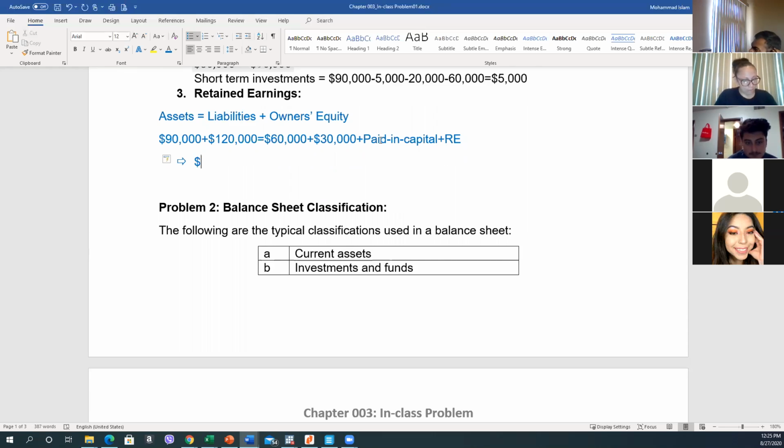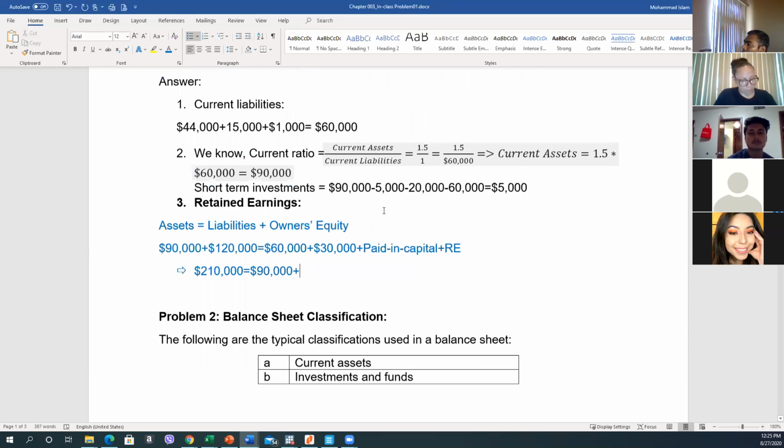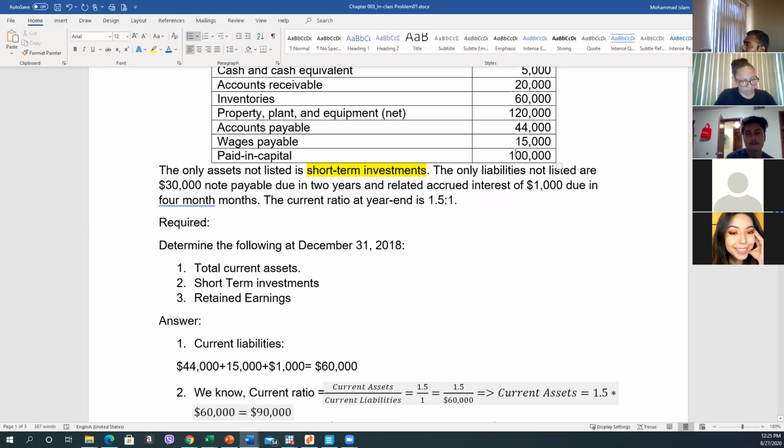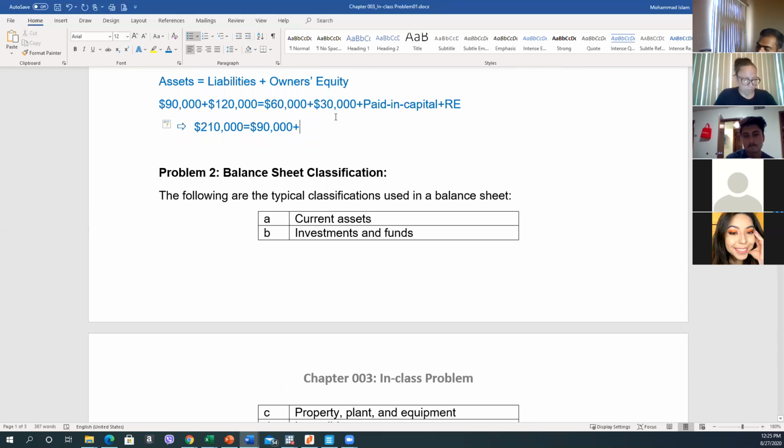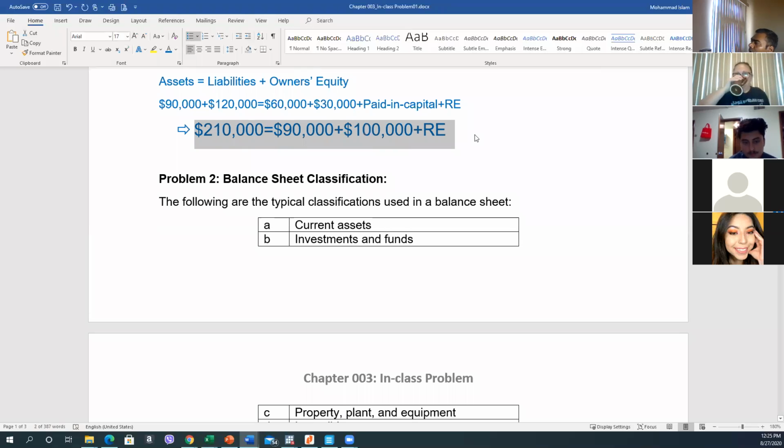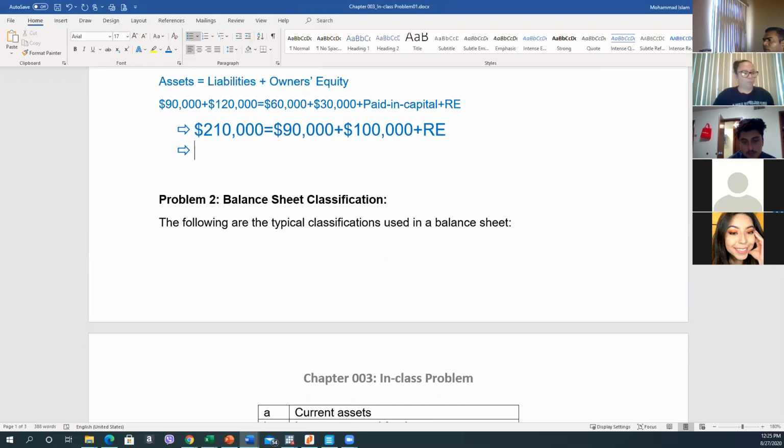So 90 and 120, which is equal to 210, correct? 210 is equal to 90 plus, see, paid in capital of 100,000 plus retained earnings.